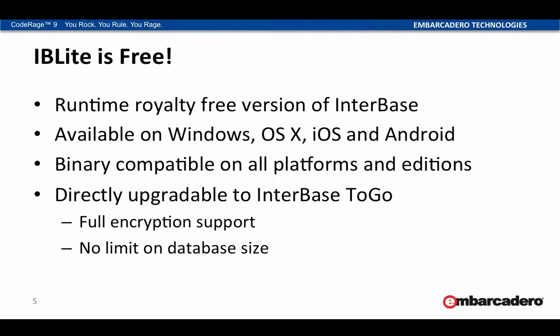So you can do that once the applications are deployed. It uses the same binaries that we use to produce Interbase To Go. So literally the features are there, they're just not enabled in the free edition for encryption and unlimited disk size. However, saying that, you do get a healthy 100 meg on disk included for free with IB Lite.